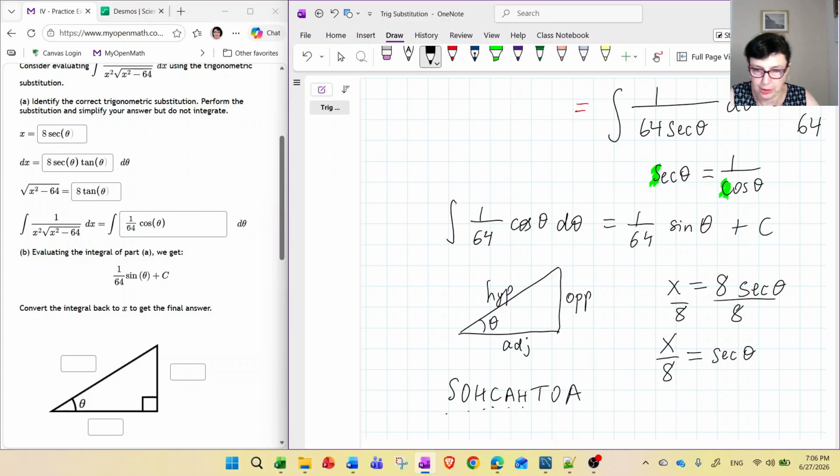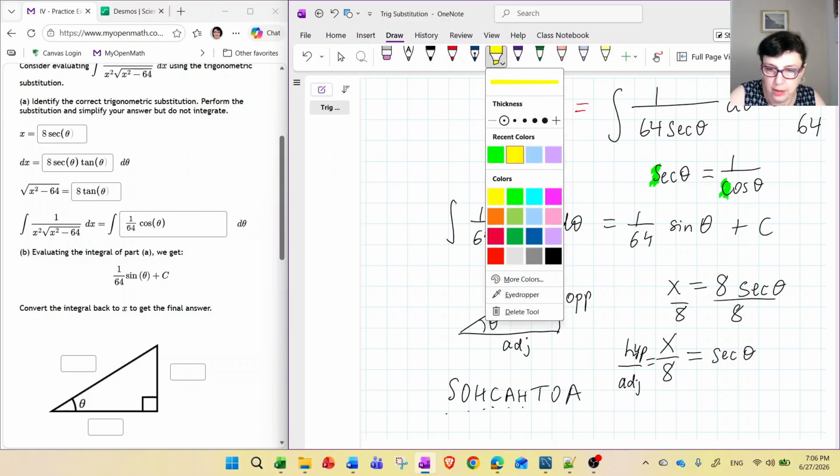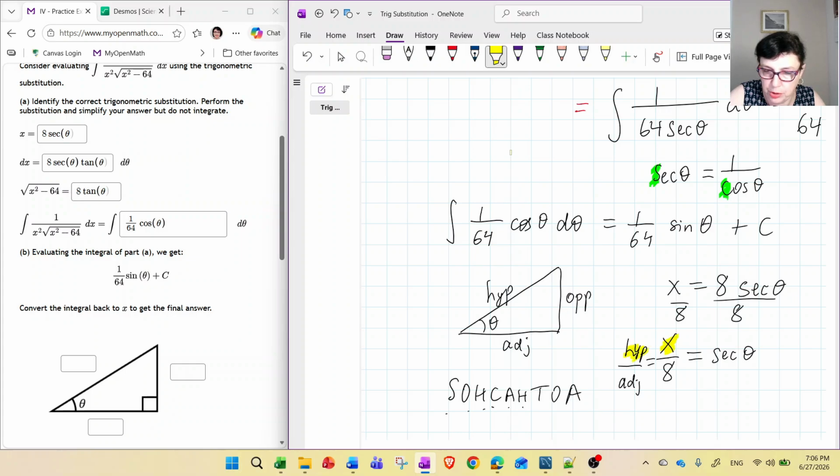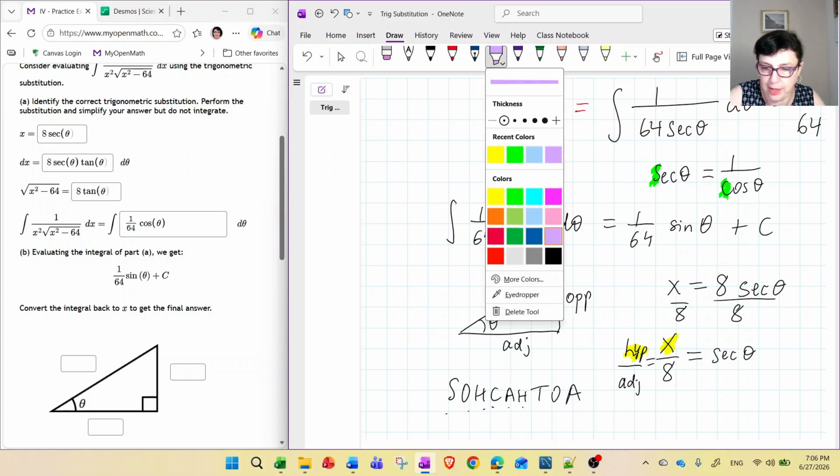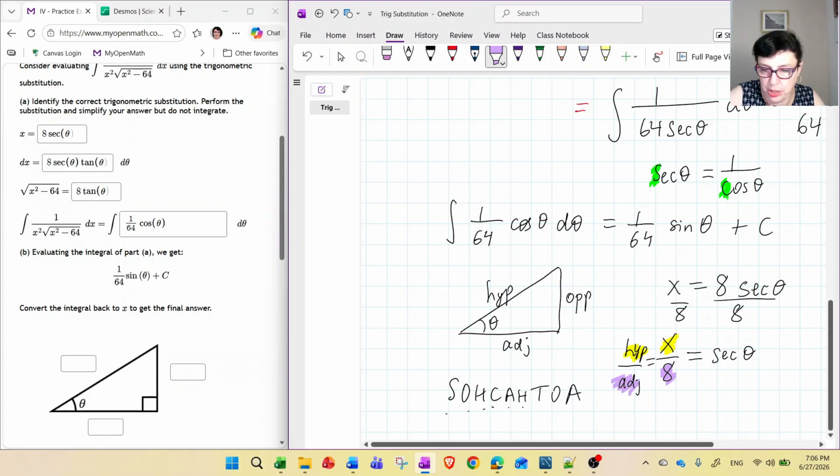But what about secant? Well, we just said the secant is 1 over that. So instead of adjacent over hypotenuse, you're going to have hypotenuse over adjacent. So what that means is that x is the hypotenuse, and that also means that 8 is the adjacent side.